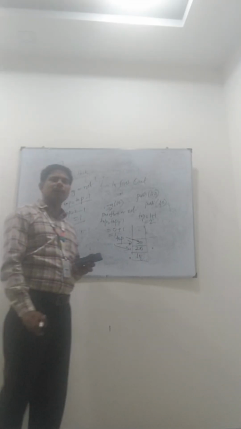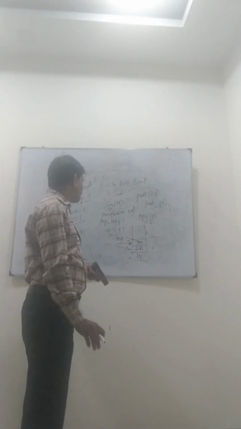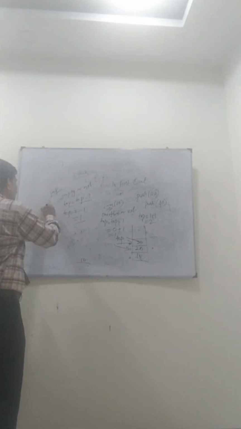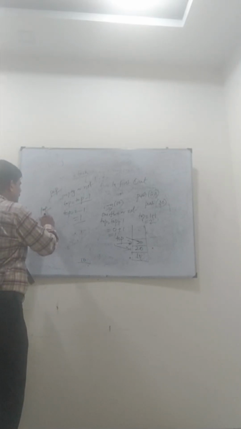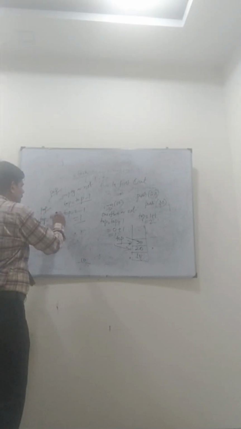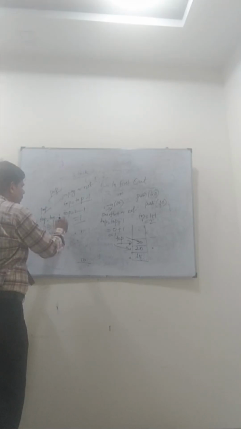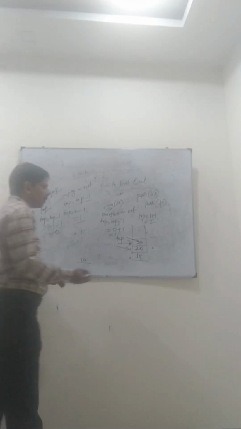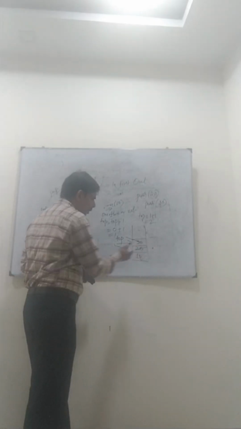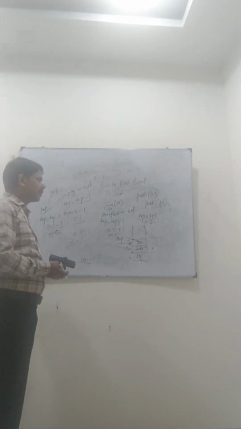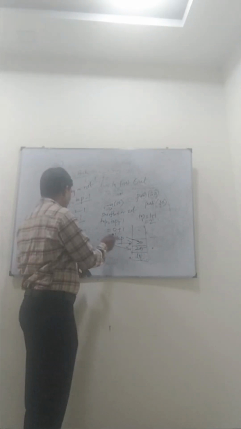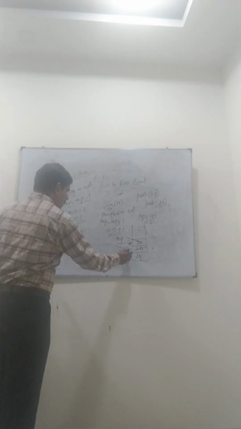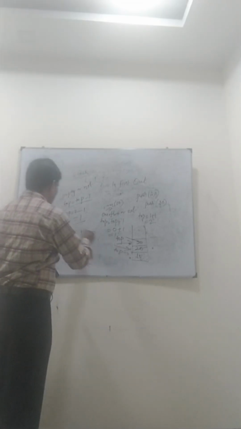Now again we perform the pop operation: top equal to top minus 1. The previous top value was 1, 1 minus 1 becomes 0. The next element is removed from the stack, and the top is pointing to 10.